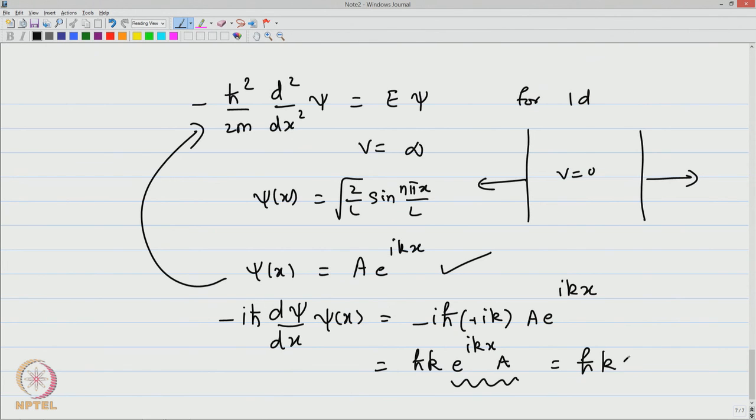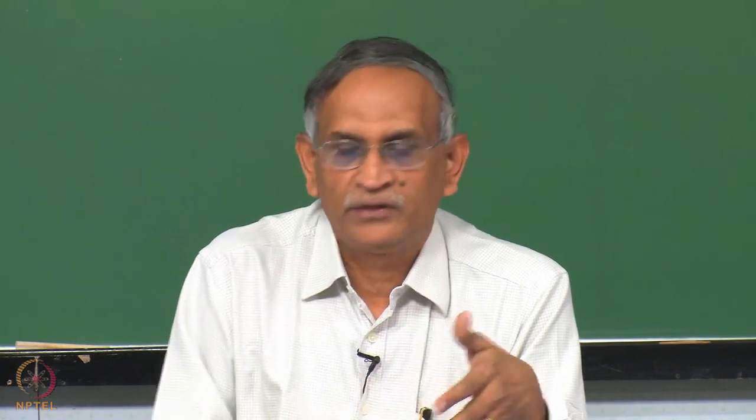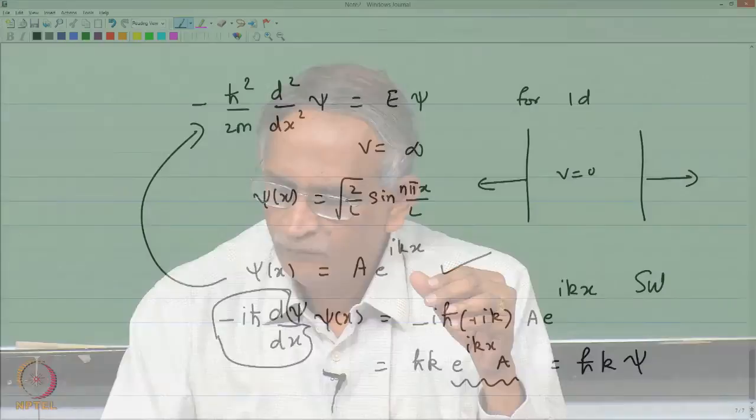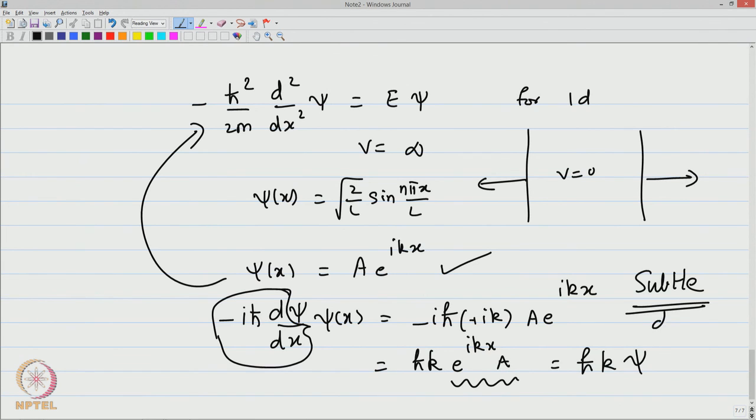Therefore, you have h bar k times psi. Thus, the operator without any finite potential boundary for a free particle has the same wave function as the eigenfunction for the kinetic energy operator. There, p and p square obviously commute with each other, and you can see that the wave function also is the same for both. Subtle details are important. So that is what this particular problem is supposed to illustrate.